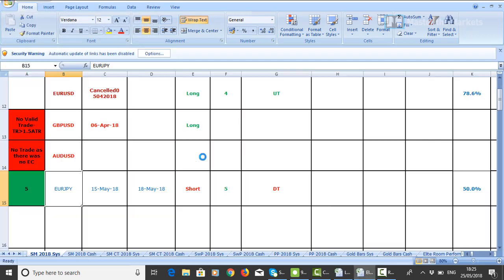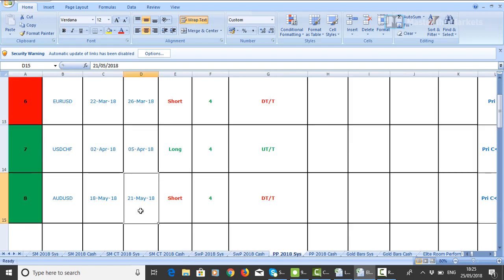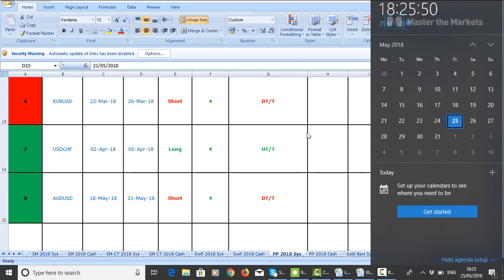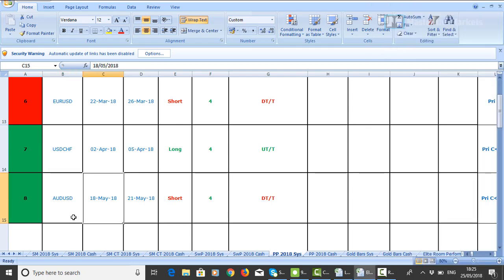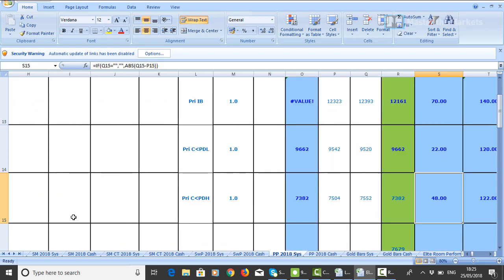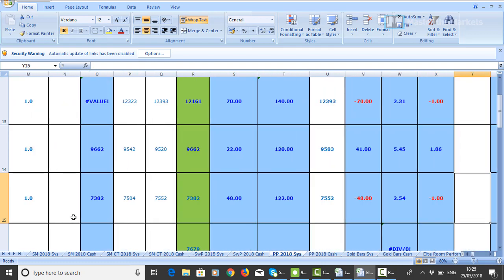We have a couple of trades here. The first one we closed out earlier this week. We actually opened this particular trade back on the 18th, last week, but it closed out this week, on Monday the 21st, on the Aussie dollar. The prime profit on the Aussie dollar didn't yield a profit, so we had a loss there of 1%.